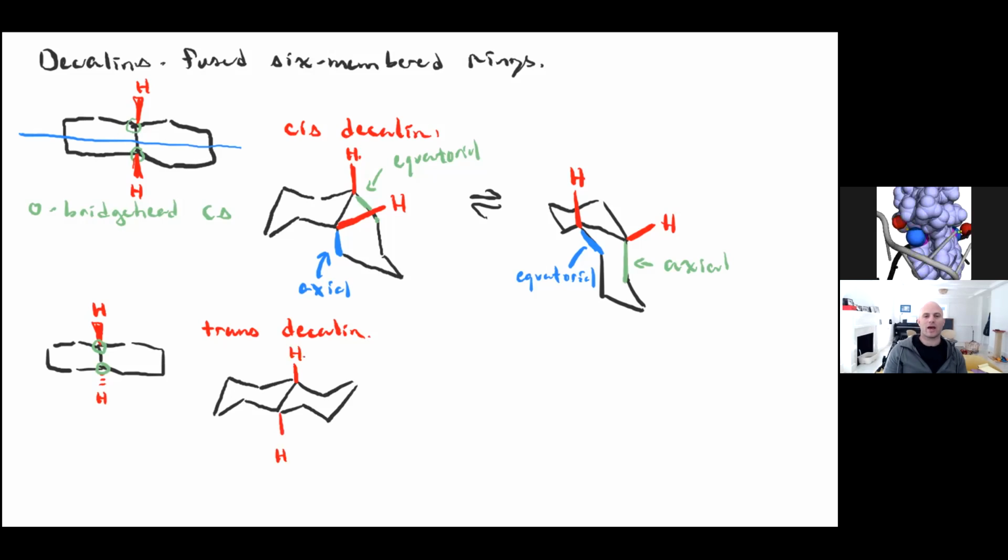Okay, and so that is trans Decalin. This molecule is conformationally locked.